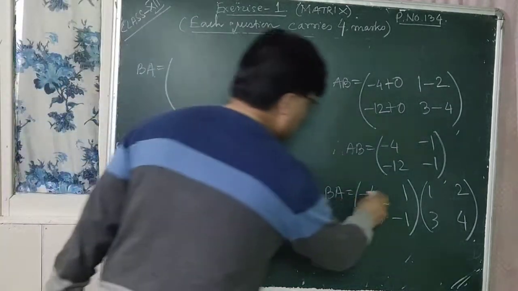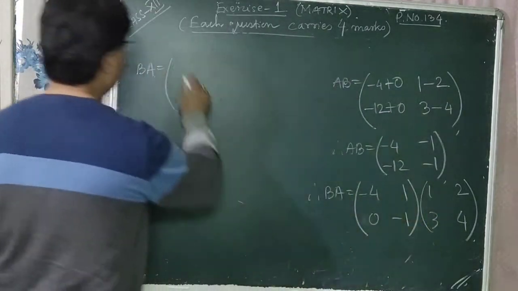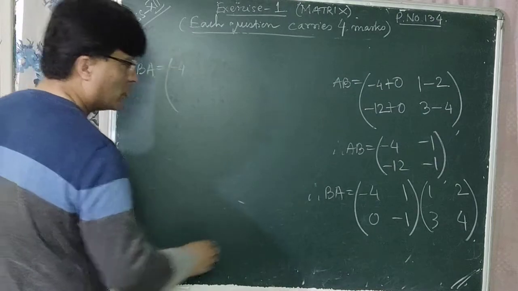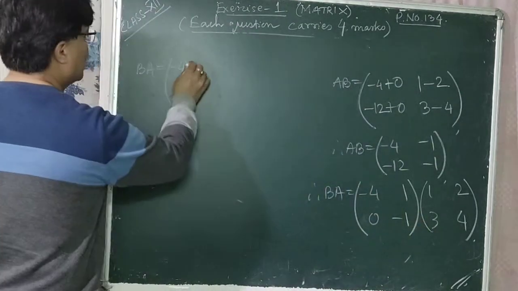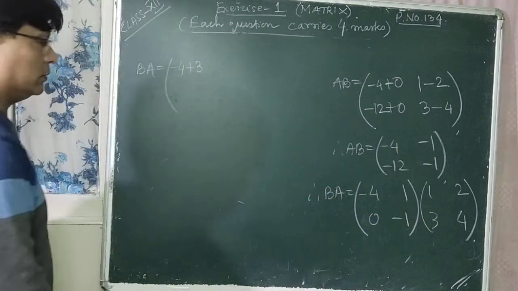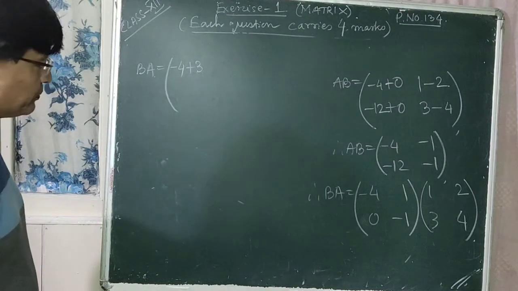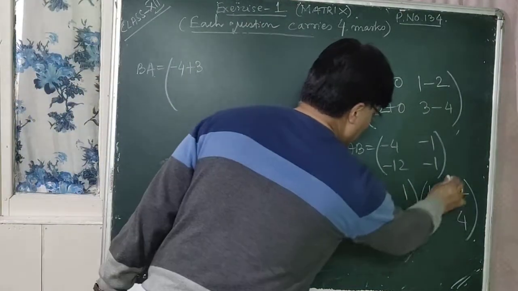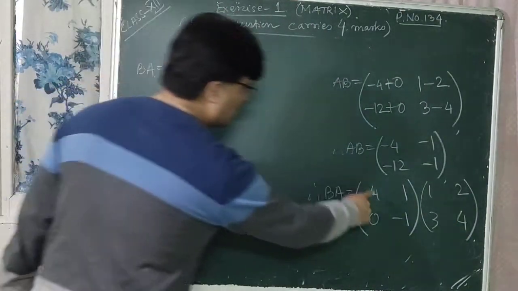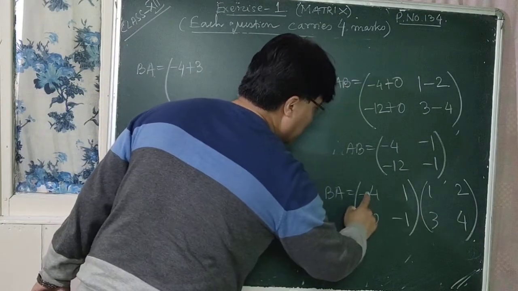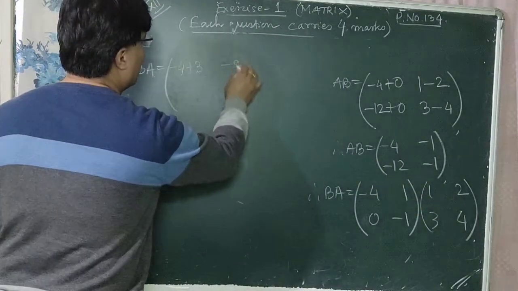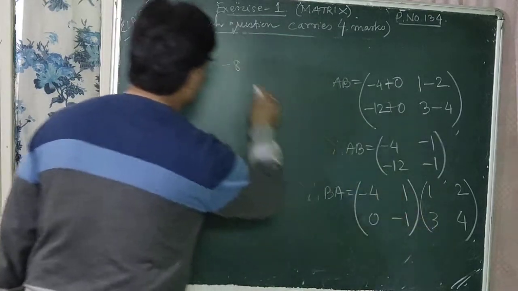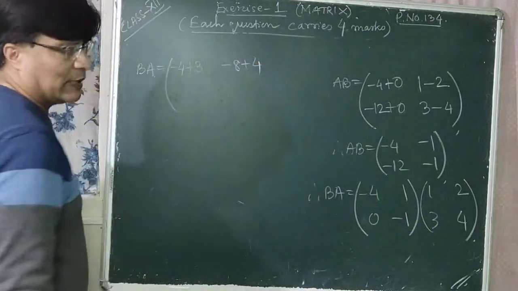now multiply first row by first column, minus 4 into 1, minus 4, plus 1 into 3, plus 3, right? First row is multiplied by second column now, corresponding elements should be multiplied, minus 4 into 2, minus 8, and this is plus 4, right?